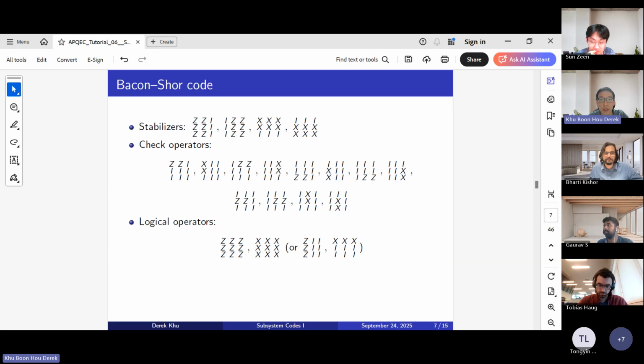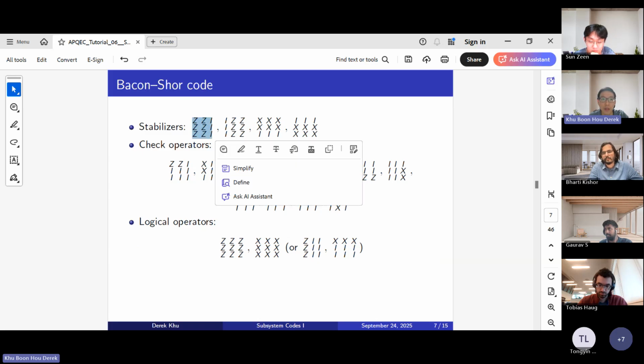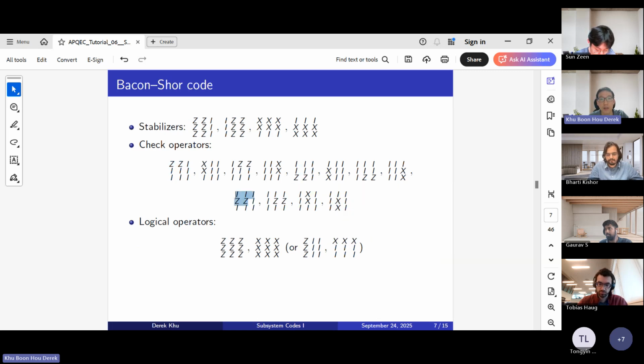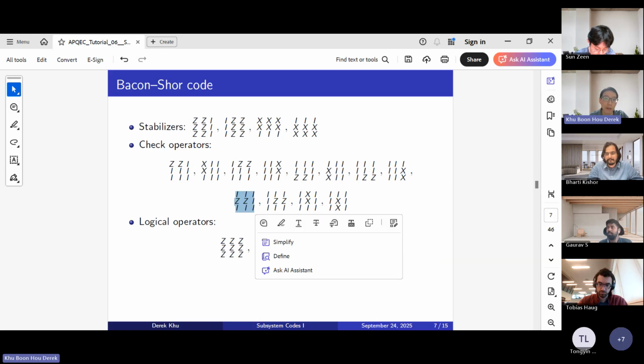The whole point is that using all of these check operators, you could measure the outcome of the stabilizers, right? Because to get this stabilizer, you measure this first guy, this guy, and this guy. Depending on the outcome of these three, if these are +1, +1, +1, then this is +1.